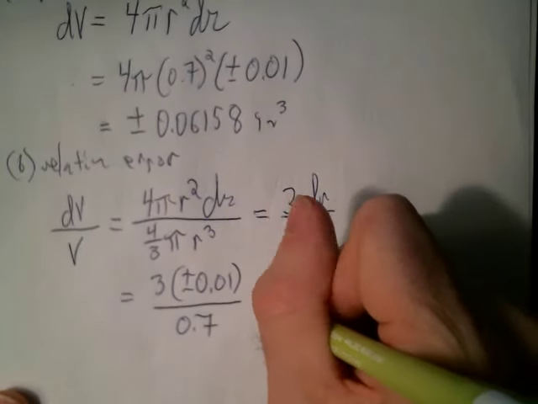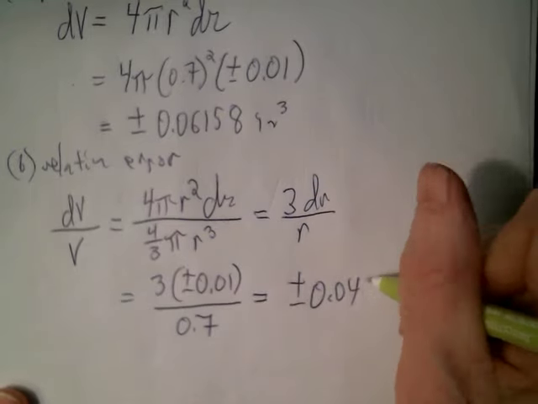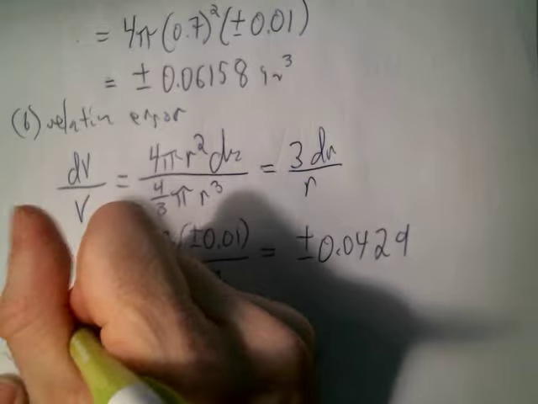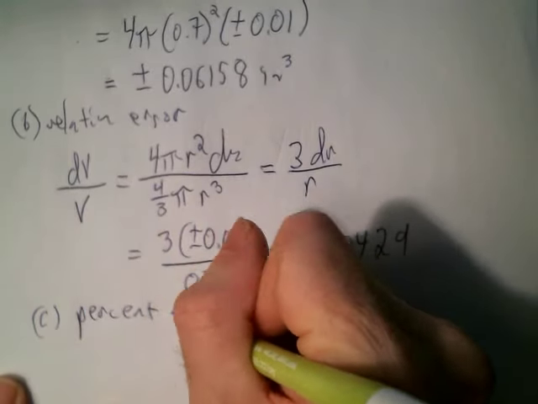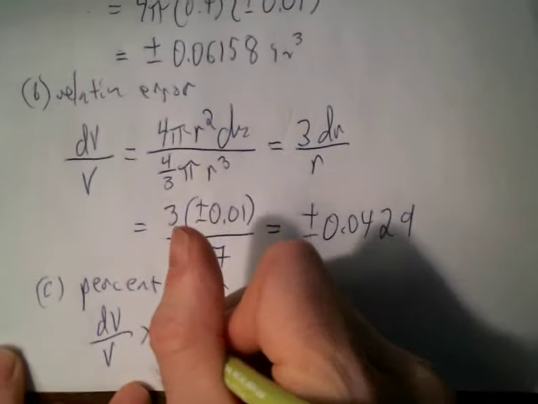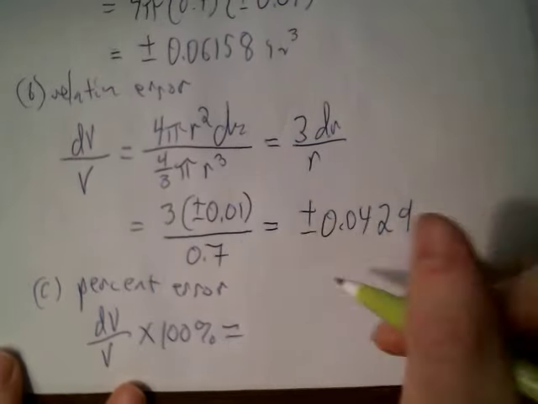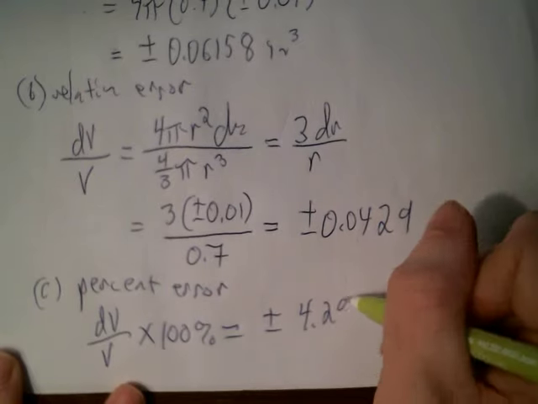And then this will give us a relative error plus or minus 0.0429. Then if they ask for the percent error, you just multiply that by 100. Okay. So in that case, it would be plus or minus 4.29%.